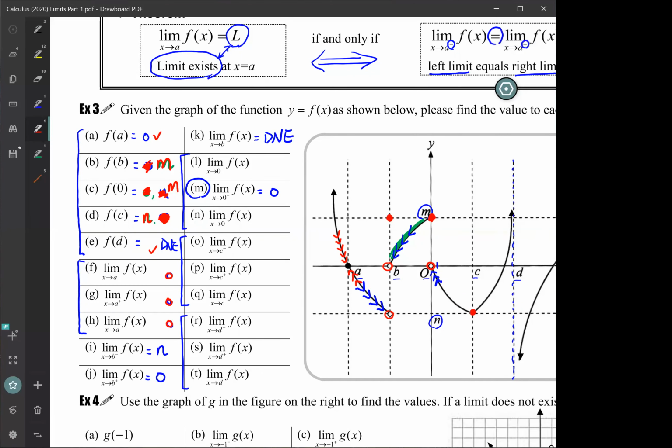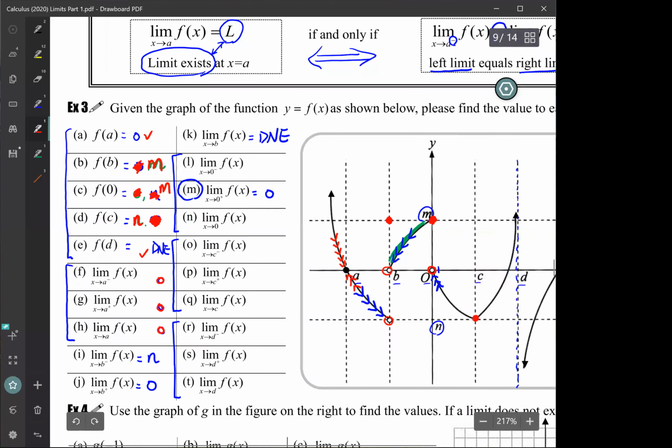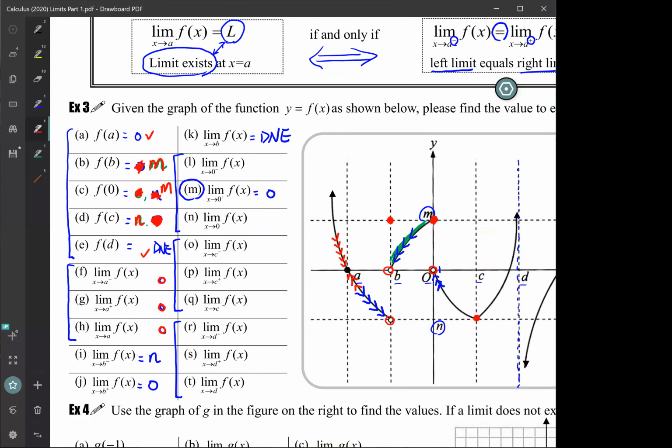Okay? Let's look at L and N. Anakin, do you have answer for L and N? I don't really know how to do it. Okay, let's go through this one together. Need to make sure you know before you go work on your own, right? So approaching question L, we are approaching 0 from which side?